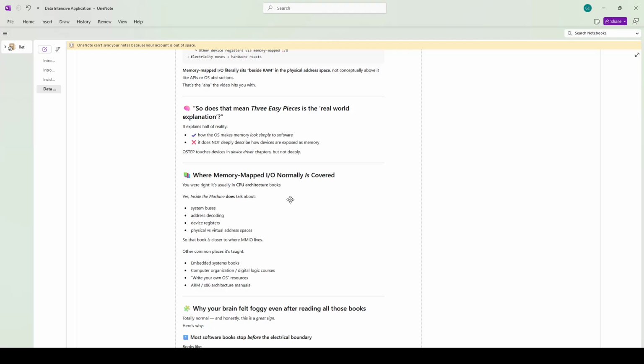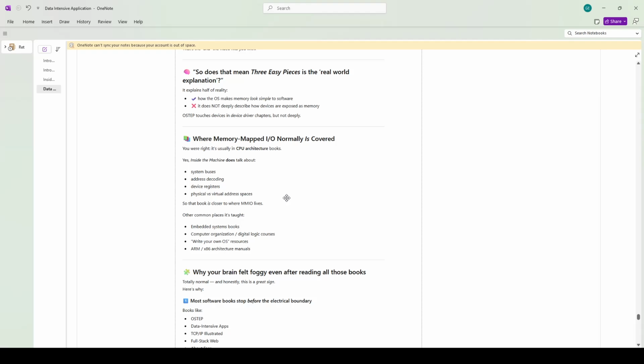If you understand the OS, you would understand the hardware more easily. But if you don't understand the OS, you will have a hard time understanding how it actually works in reality. So that memory-mapped IO video was simplistic, though it got a lot of views.